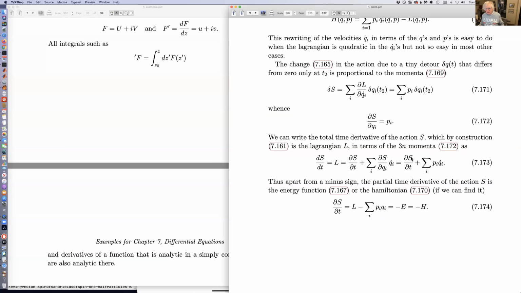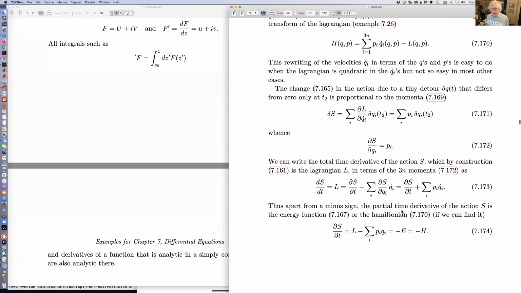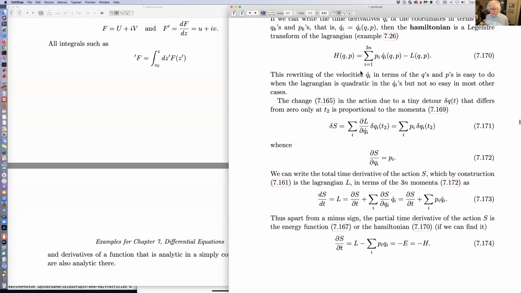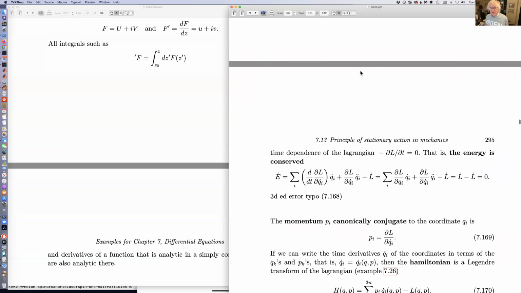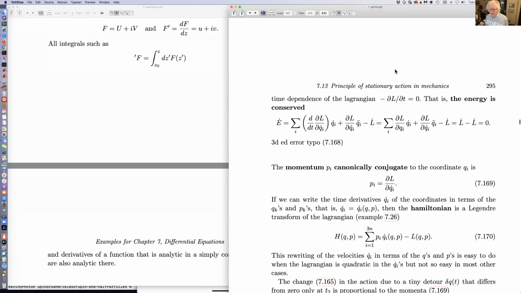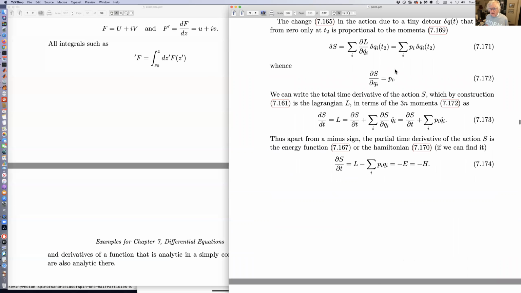And that tells us then that partial S partial t is L minus this, which then we can recognize as, let's see, where's our expression for E? E was the momenta times the velocities. Right, there's a typo here. This should have a dot. So there's a typo in 7.1.